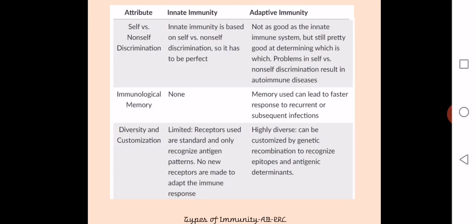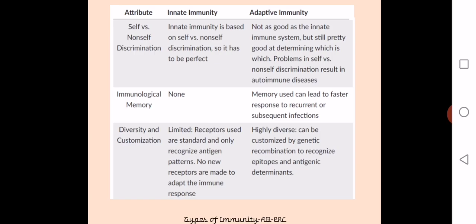In the specificity factor, that means in the self versus non-self discrimination, innate immunity must be perfect. It has to be perfect, because this is the genetic status of the body. At the same time, adaptive immunity is acquired, and there is a possibility of some pitfalls, some loopholes in the specificity or in the self non-self discrimination.